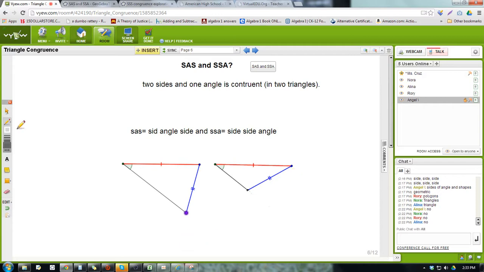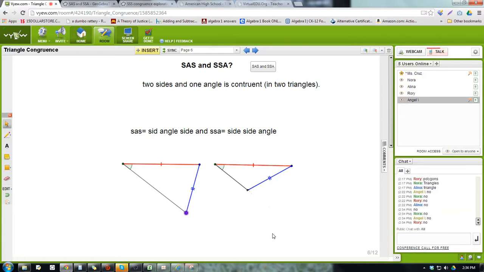All right, here we have two triangles with two sides that are congruent and one angle that is congruent. Do these triangles look congruent to you, or the same? No. Does anyone think they look the same? No. Okay, good. They shouldn't.